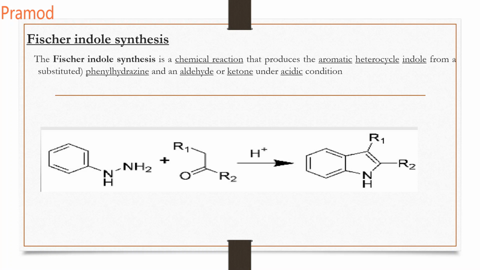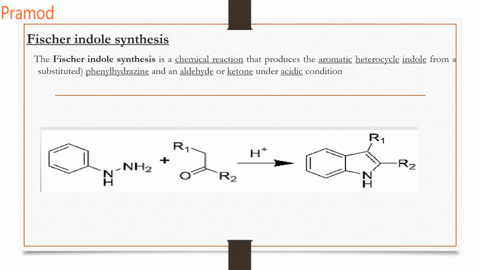In Fischer's indole synthesis, you prepare an aromatic heterocyclic indole from a substituted phenylhydrazine. You take a phenylhydrazine and treat it with an aldehyde or a ketone under acidic conditions, and it forms a substituted indole.